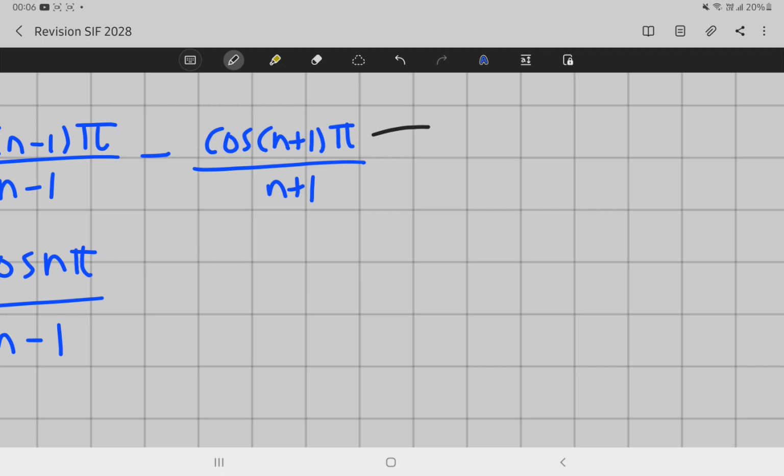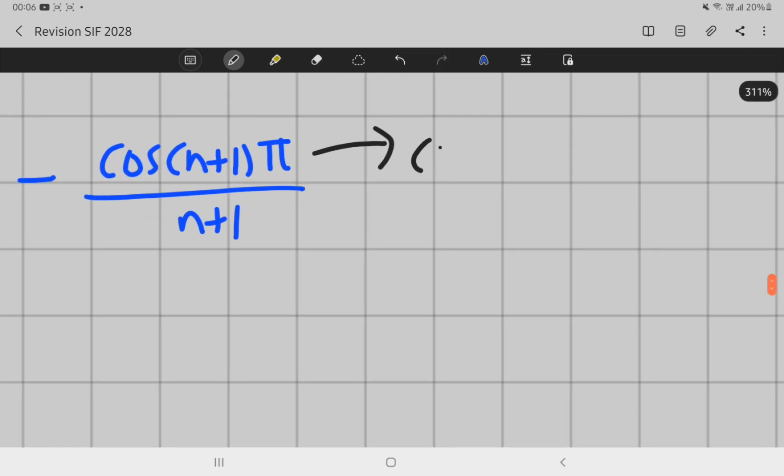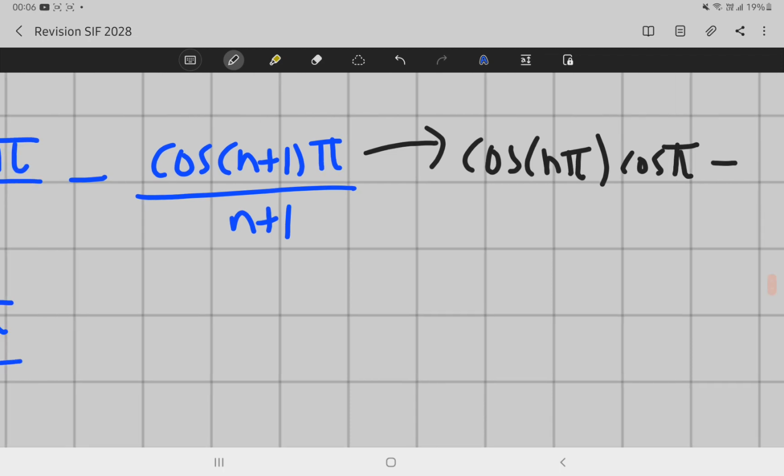Okay, what about this? So it's cosine n pi cos pi minus sine n pi sin pi, which is 0. So this is also the same, right?